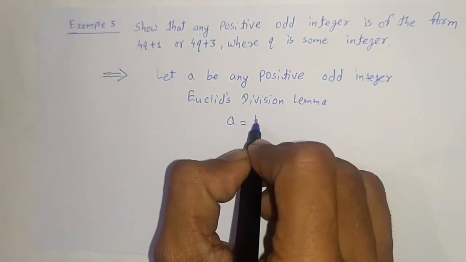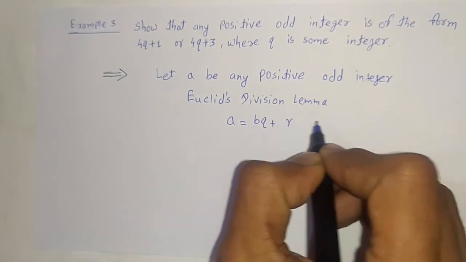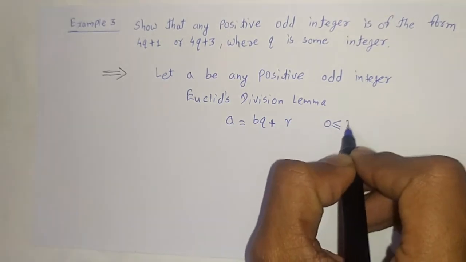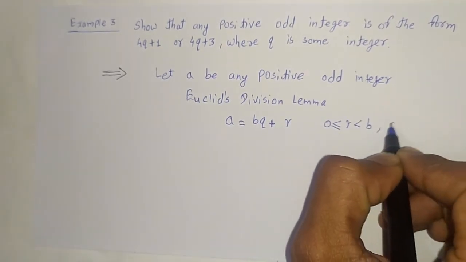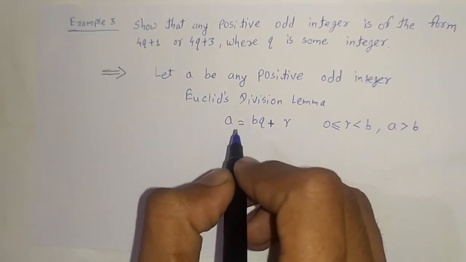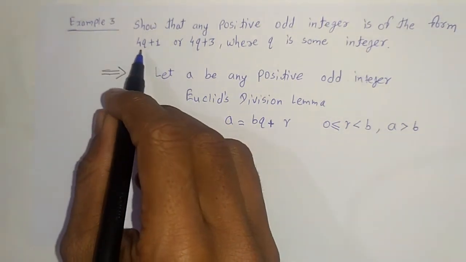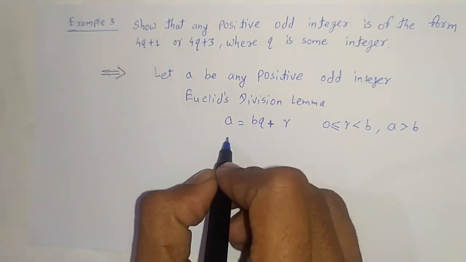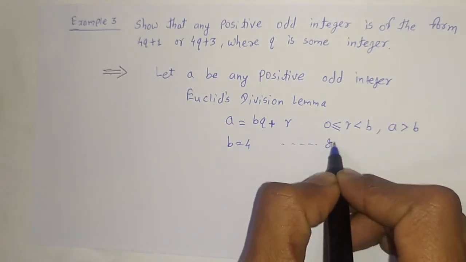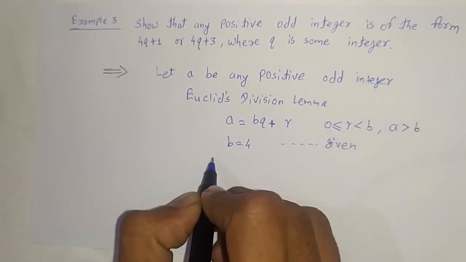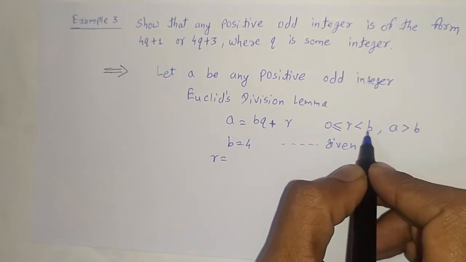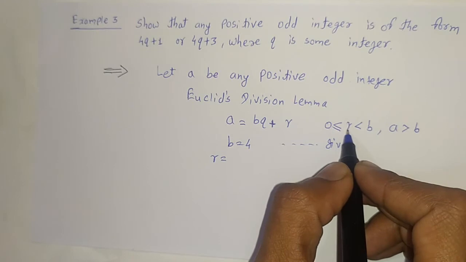a equal to bq plus r, where 0 is less than or equal to r less than b and a is greater than b. So the value of b is given here, which is 4. The value of r is less than b and greater than or equal to 0.